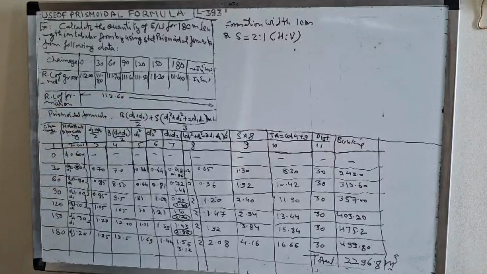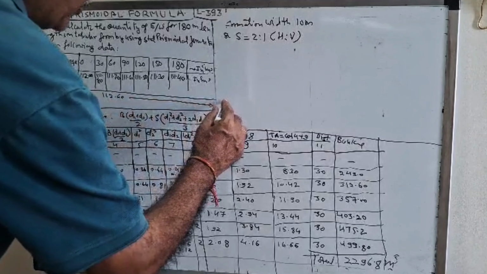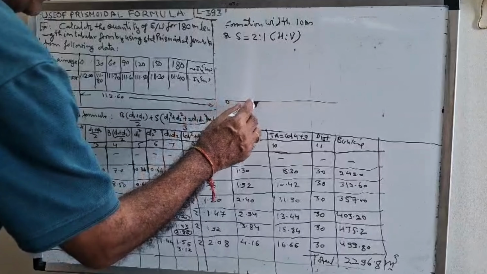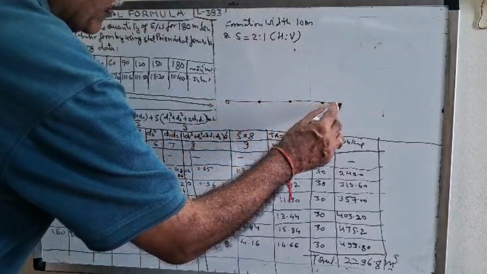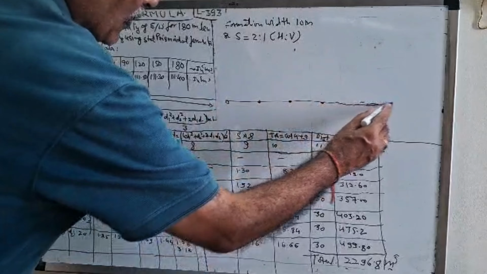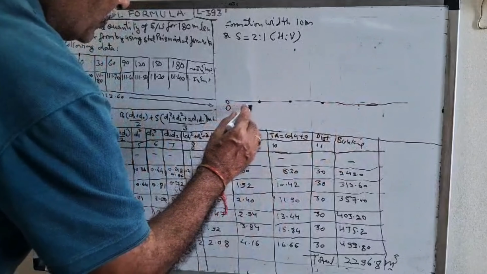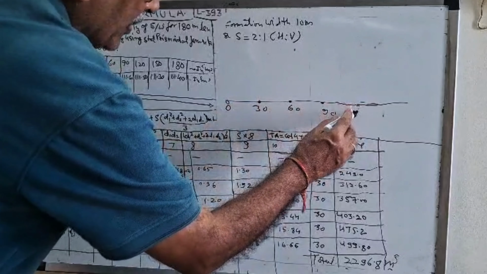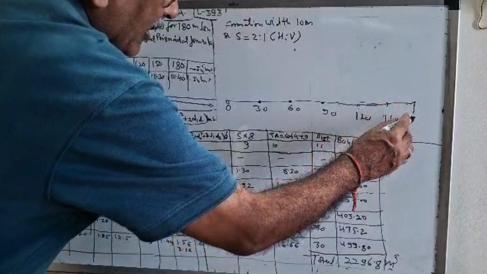So whatever it may be, you can have a plotting of this like so. This is 0, this is 30, this is 60, this is 90, then 120, 150 and 180.